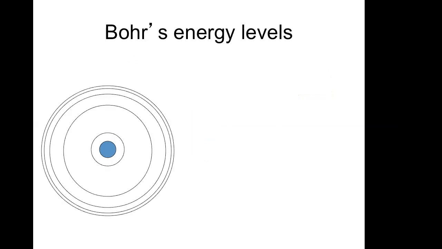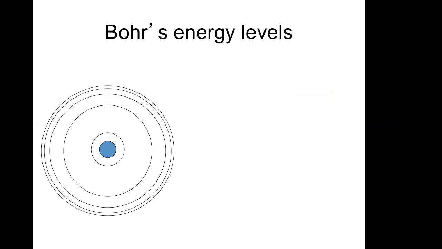Okay, so most of our atoms look like this, and I've shown the rings getting closer and closer together as they get farther out, because the energy levels do that. Each energy level layer that we add on is just a little bit higher than the one before it, except the first ones are more far apart.